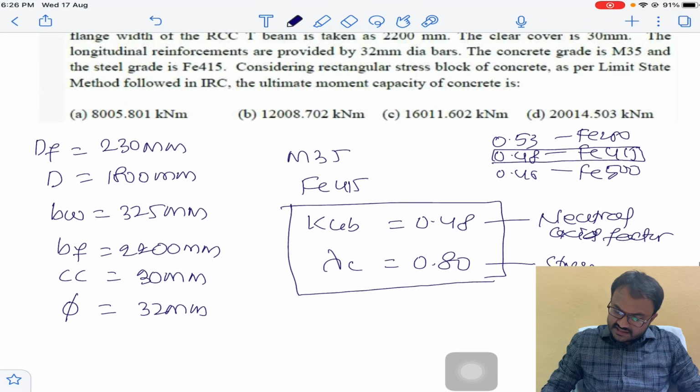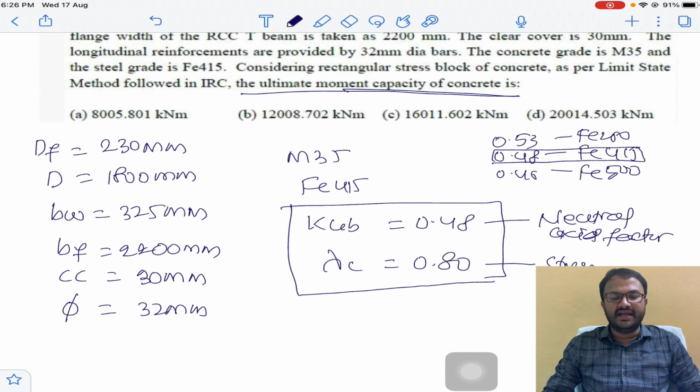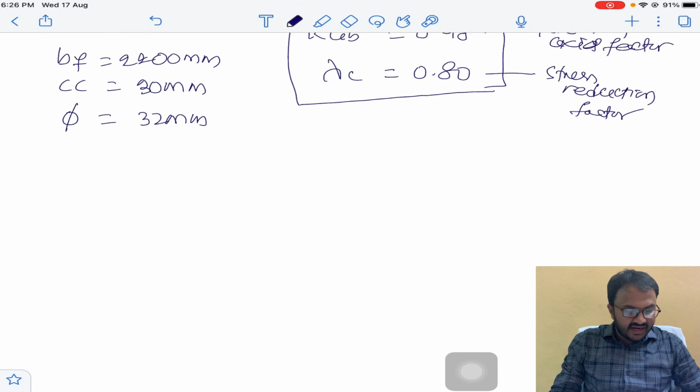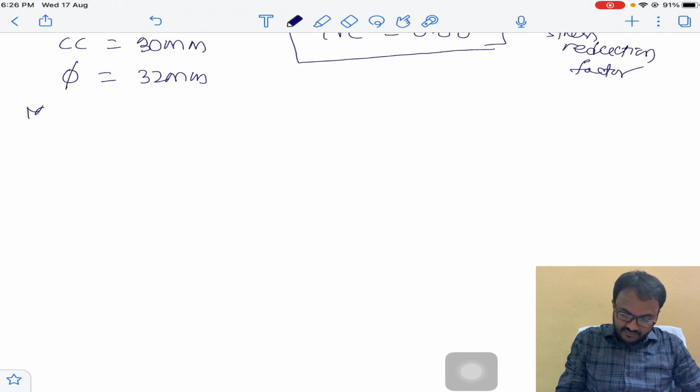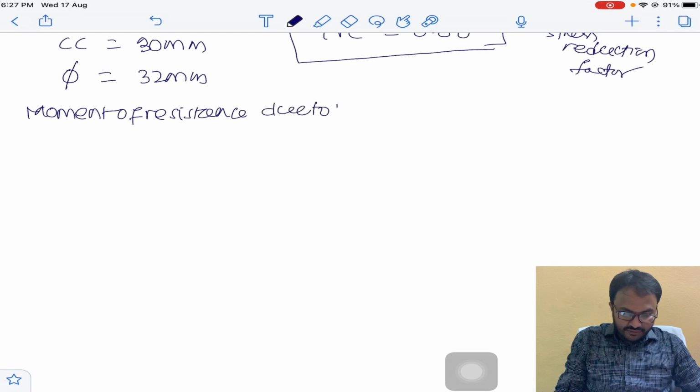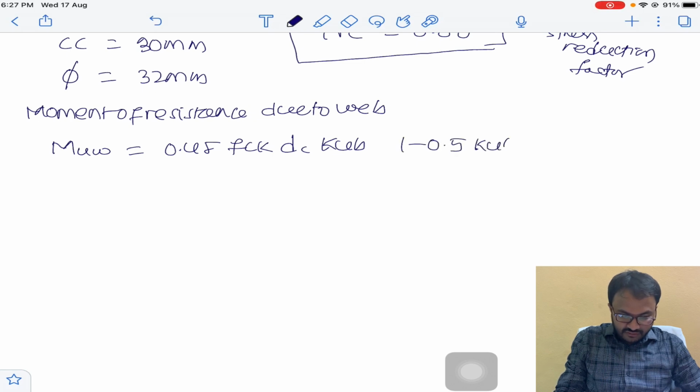Now what he is asking is the ultimate moment capacity of concrete. So now we'll solve this problem. Moment of resistance due to web, that is MU because of W, is equal to 0.45 FCK and D suffix C KUB into 1 minus 0.5 KUB into lambda C BW into D. Clear?